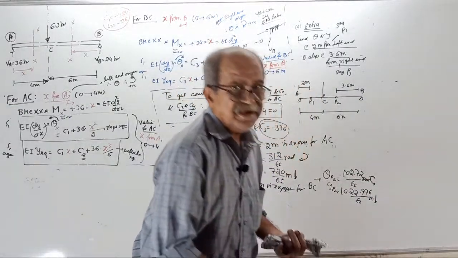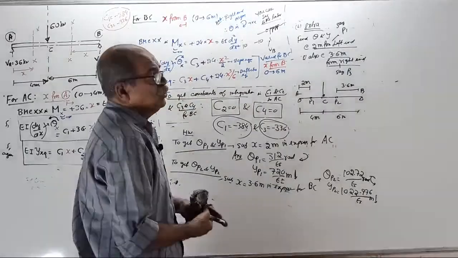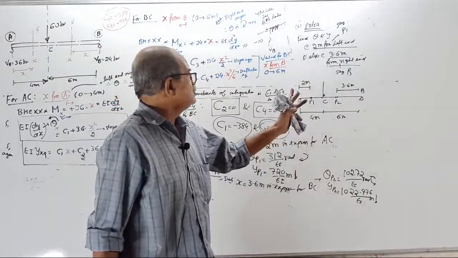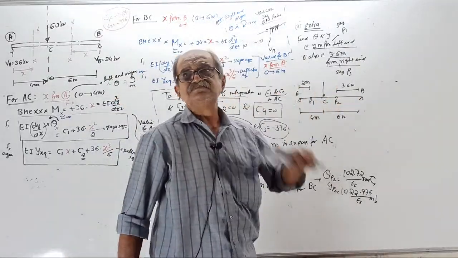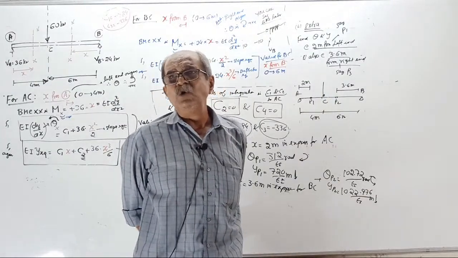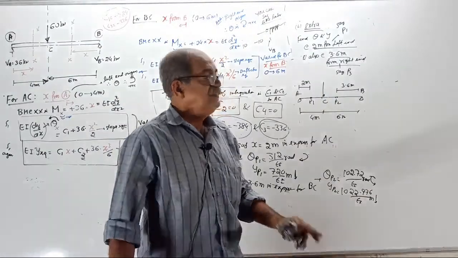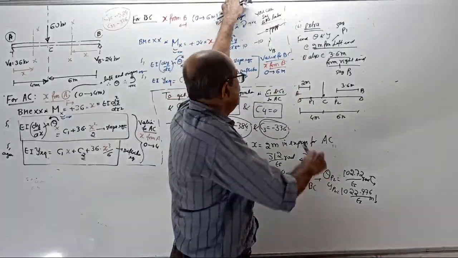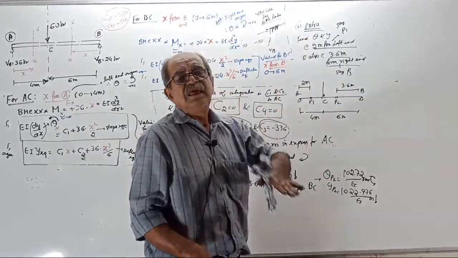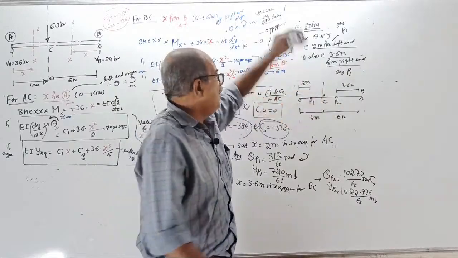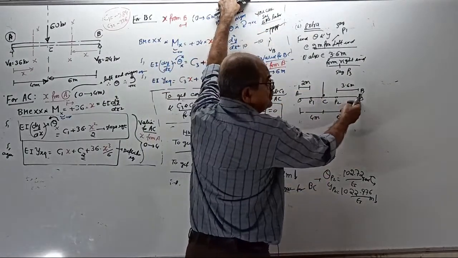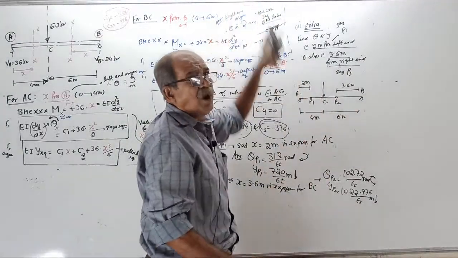Now you know how to find slope anywhere in the beam. Also you know how to find maximum slope. Then you know how to find slope or deflection anywhere in the beam, whether it is this portion or that portion, even the ending portion, common point.